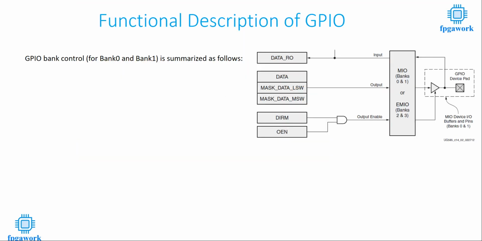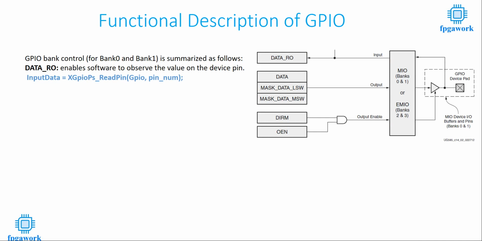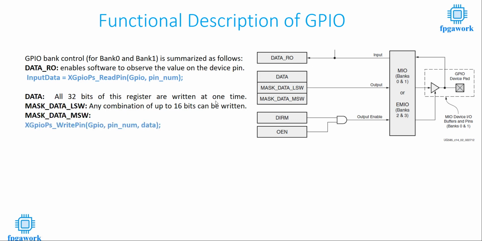This block diagram is again taken from the previous lecture, but I realize it is important to repeat because I will be using some drivers which have a direct link with this block diagram. So this block diagram has 4 different registers: data read-only, which is used to read data from the external world, from the pins; data, which is used to write something on external pins; and direction, to set a direction.